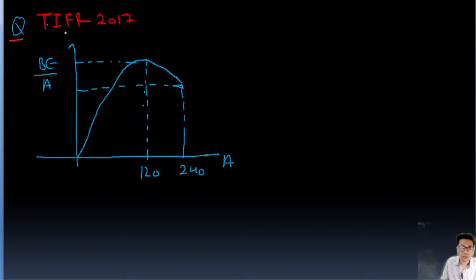This value is 8.85 MeV, and this value is 7.5 MeV. This is 120, this is 240, this is binding energy per nucleon, and these are atomic mass numbers.